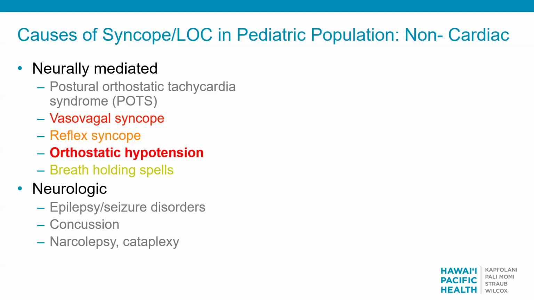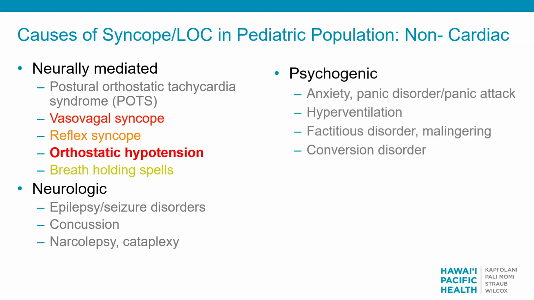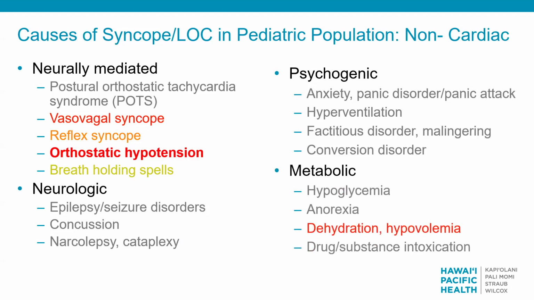They can look like a transient loss of consciousness, so they can be a cause of syncope. Psychogenic is also common. And the metabolic, here, hypoglycemia is not really something that causes transient loss of consciousness. Maybe dehydration or some hypovolemia may cause that. But again, neural mediated is most common.